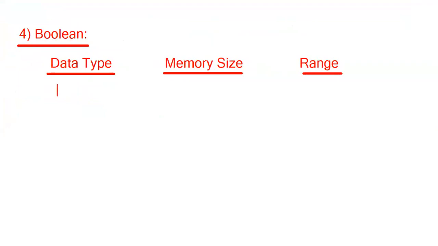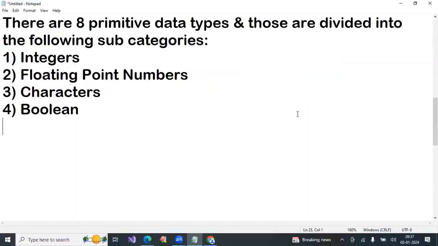Here, data type name also Boolean. Memory size, just 1 bit it will occupy. Here, true or false. True means 1 will be stored. Okay, that is to remember.